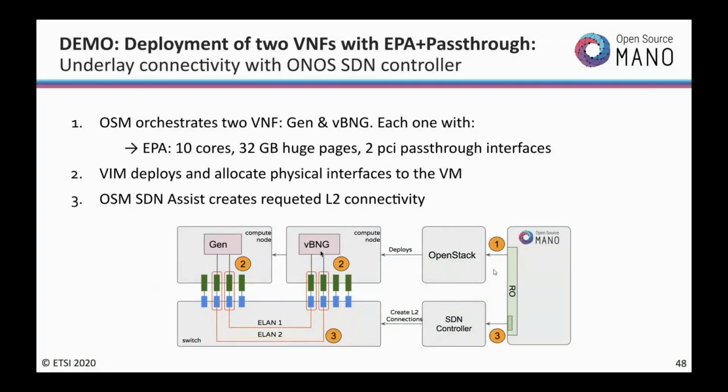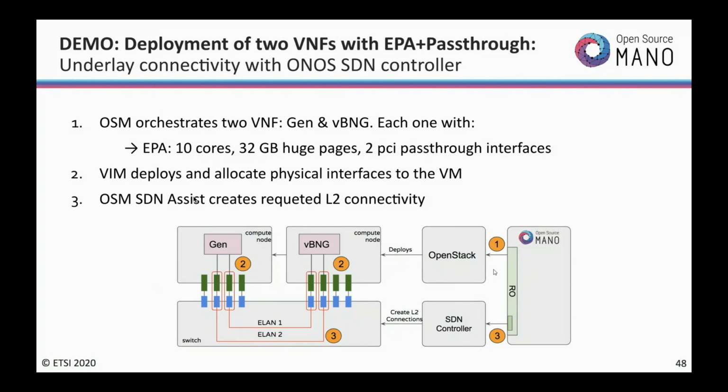They request 10 dedicated cores, 32 gigabytes of huge pages, and also, in this case, two PCI pass-through interfaces instead of SR-IOV. As you know, PCI pass-through means assigning the physical NIC interface, or Ethernet interface, completely to the virtual machine. In this case, it has a capacity of 10 gigabits per second.